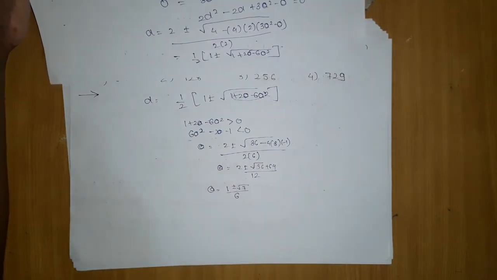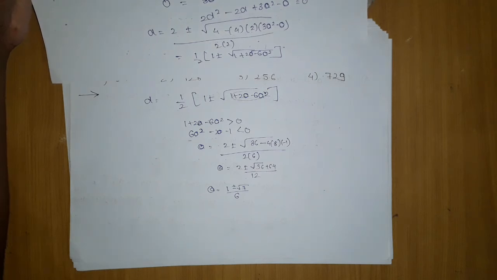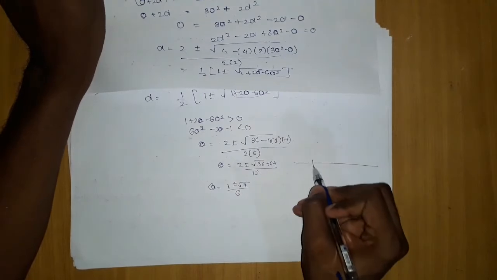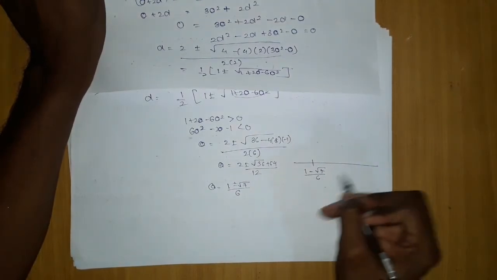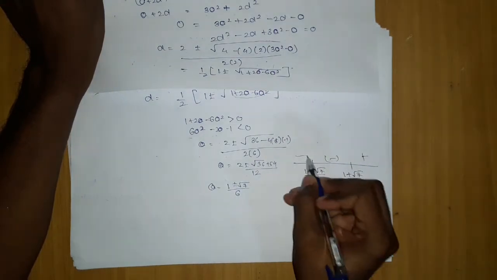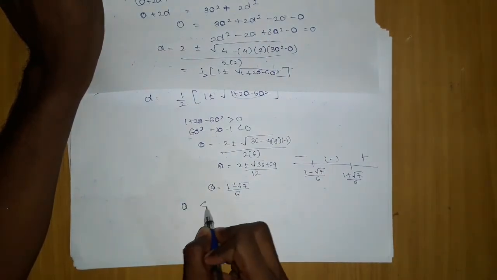So we are left with this. Now it is less than 0, so if I draw the wavy curve with 1 minus under root 7 by 6 and 1 plus under root 7 by 6, my answer will lie between these, in the negative region. So my a belongs to what?